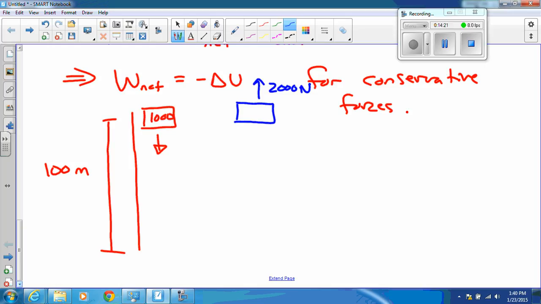In real life, the air resistance would be 0 at the top while it's not moving, and then it would increase as it goes faster and faster. So I'm just going to pretend this is an average force here. And now, we're going to experience a force straight down of gravity, and we're going to ask, how fast is this going at the bottom?